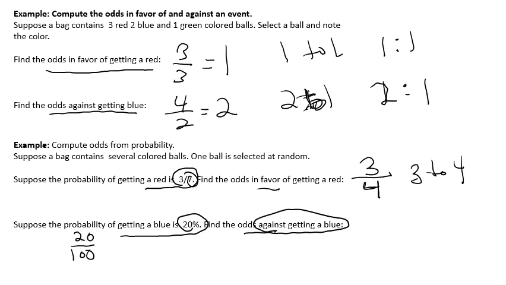Well, there are 100 possible outcomes, 20 which are blue, so it must be that 80 of them are not blue. The denominator for odds against is how many ways you can get it, 20. So that is 80 over 20, which is 4 to 1. Moving on.